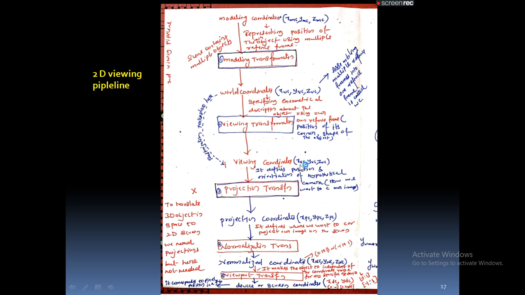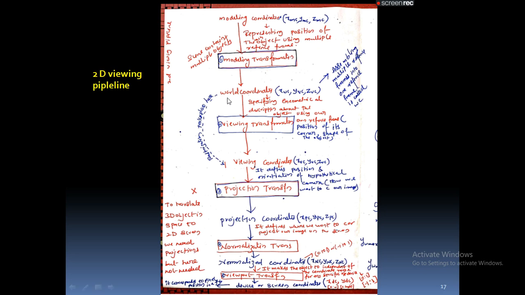When you convert world coordinates to viewing coordinates, the rasterization process actually takes place. As we discussed, rasterization is how computer graphics converts each pixel's information into the corresponding image on the screen of the monitor.